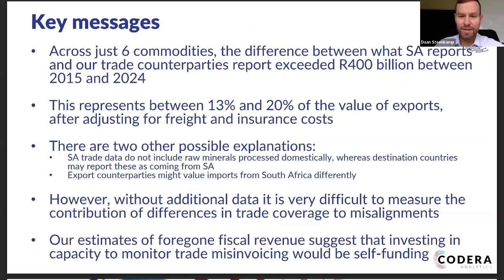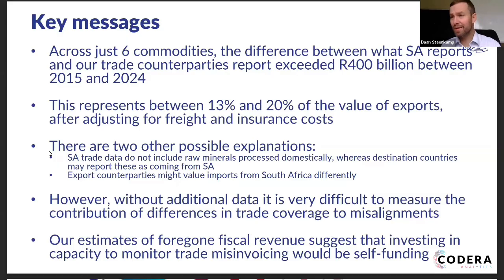Oh, sorry. So just to conclude, we have lots of time for discussion. We look at a small number of South Africa's export commodities, but we find a large rand value in trade misalignment, trade misinvoicing, over the period 2015 to 2024. And this represents more than 13% of the value of exports after we adjust for freight and insurance costs.